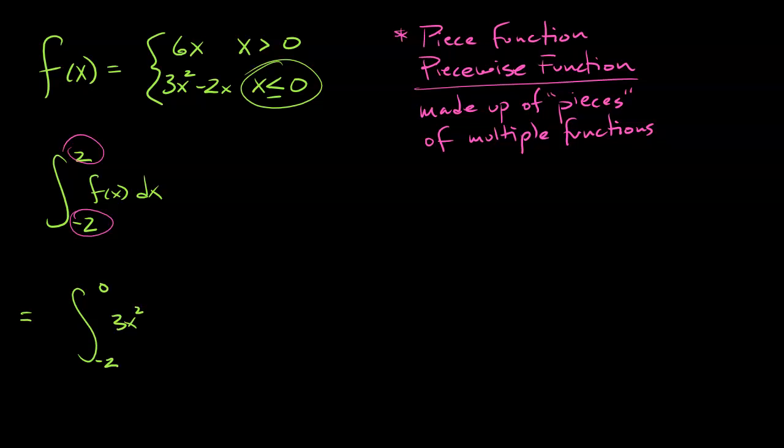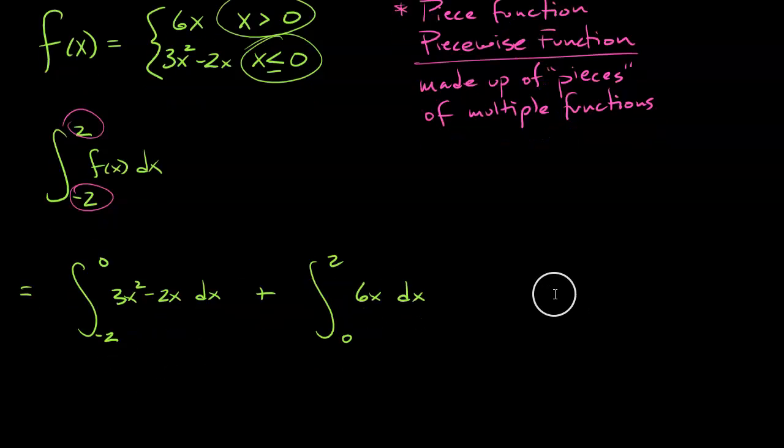So then I would say 3x squared minus 2x dx. Plus, this was one of the properties from the other day, that you can break apart a definite integral into 2 smaller ones. So now we're going to have another one from 0 to 2, which is the top one, bigger than 0. And so we will have 2 separate problems.